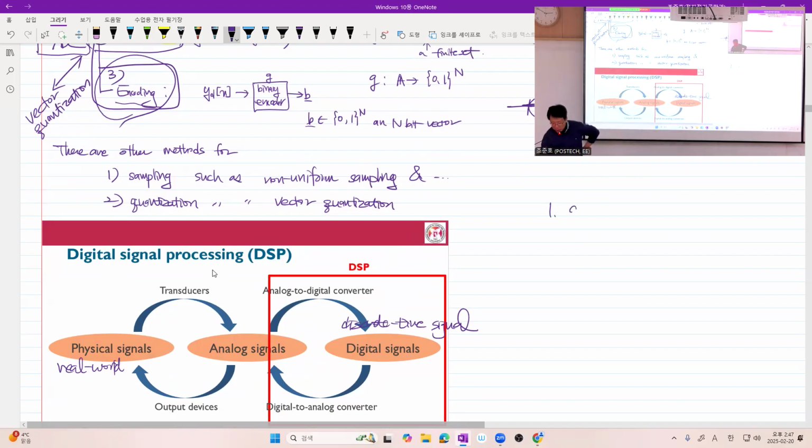Now you become a master's program student, and when you're about to get an MSEE, Master of Science in Electrical Engineering, you usually find that you know nothing. You don't know anything, even in your major.